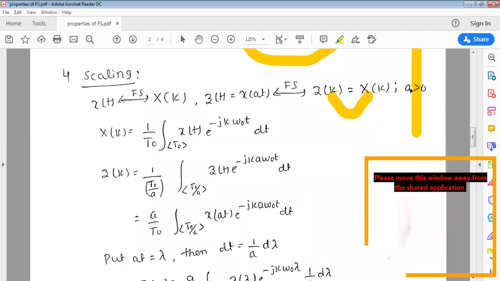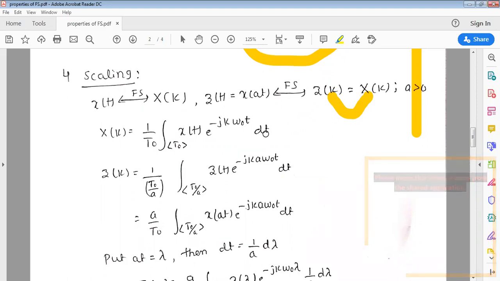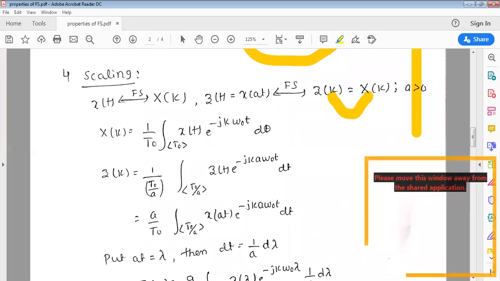But there is one restriction: a must be more than 0. If a is less than 0, this theorem will not apply. And a cannot be 0 either. If a becomes 0, it will become x of 0, which is a constant. Then the Fourier series cannot be applied, because the Fourier series can be applied only to a periodic signal. x of 0 is a simple number that is not periodic with anything. Then you will not be able to take the Fourier series.